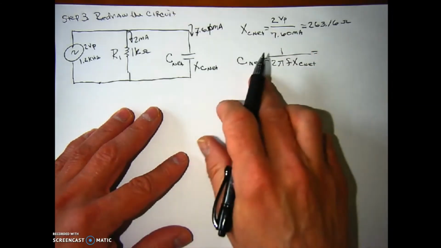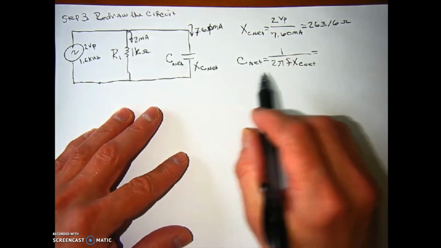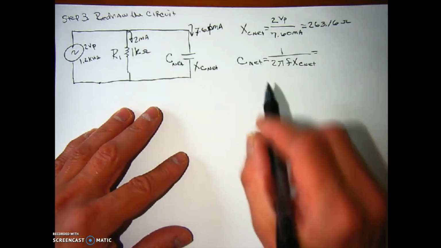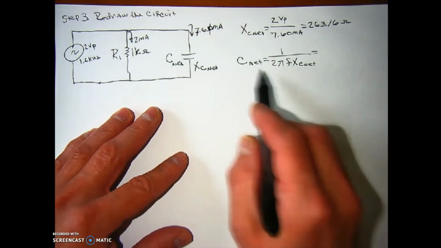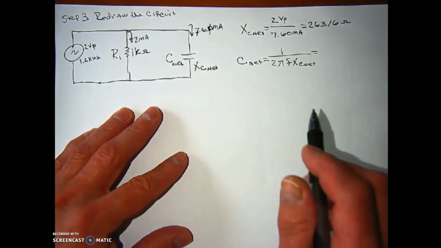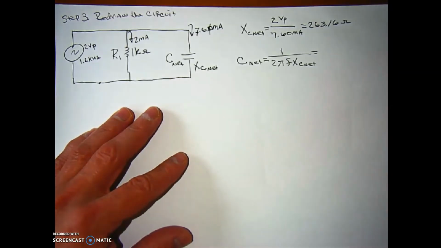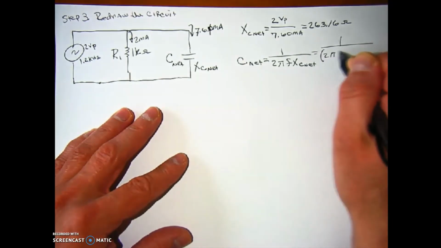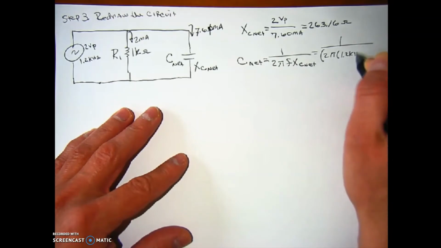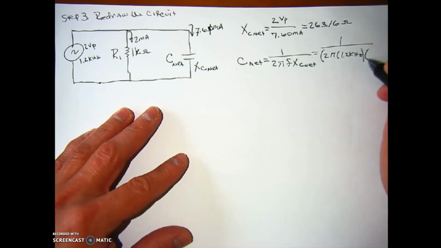That was just using some algebra on the equation 1 over 2 pi f C. So in this case, what I have here is 1 over parentheses 2 pi times 1.2 k hertz, times 263.16 ohms.